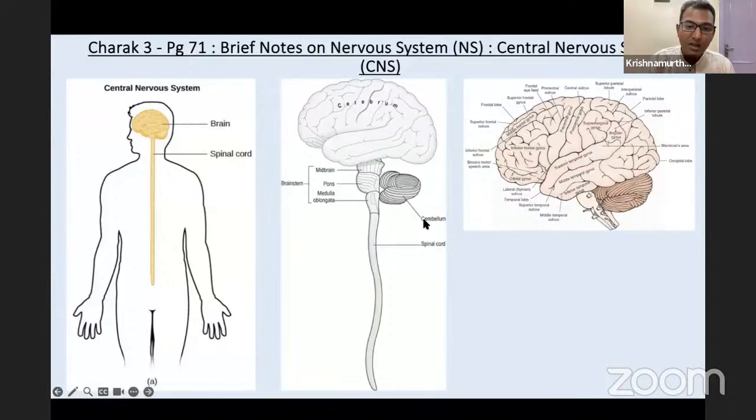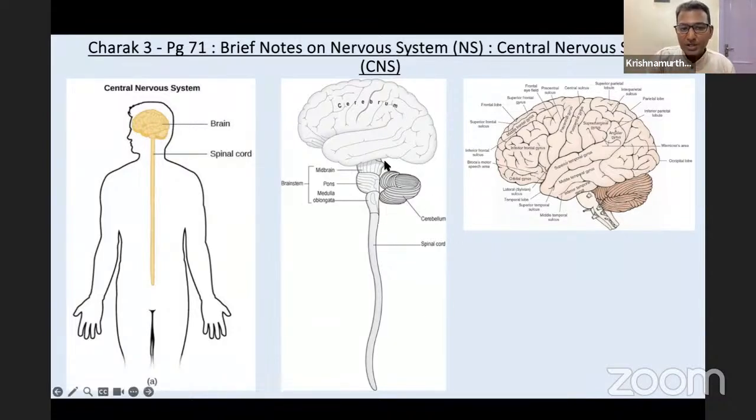This is the cerebrum, and this is called the cerebellum. And the connection, the transition from the brain to the spine, is like a bridge.